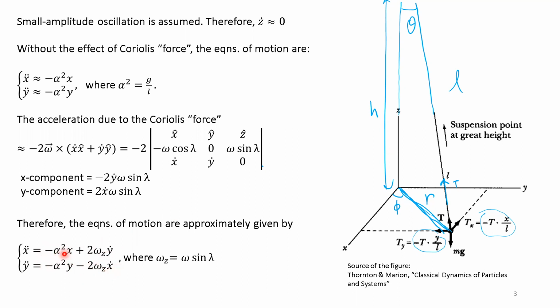What you usually had was the second order derivative on the left hand side, but on the right hand side you don't have any derivative. This time I have the derivative terms also on the right hand side. So then how do we do that?